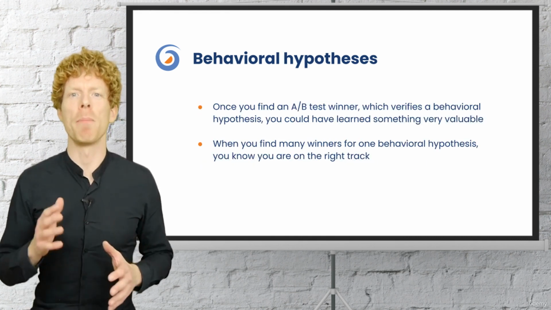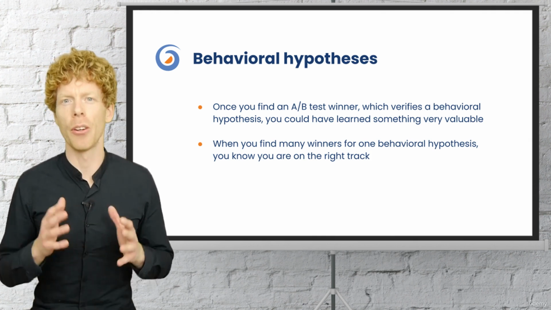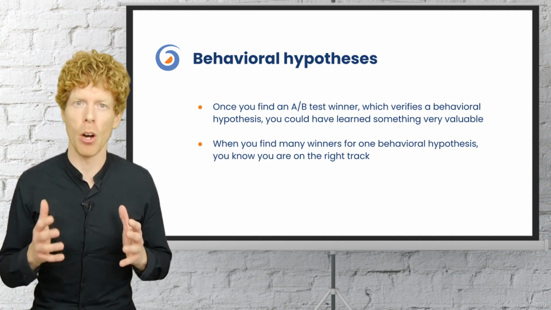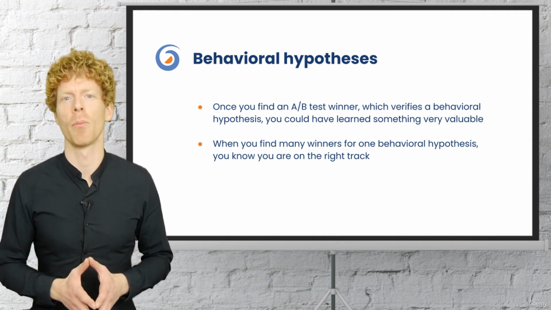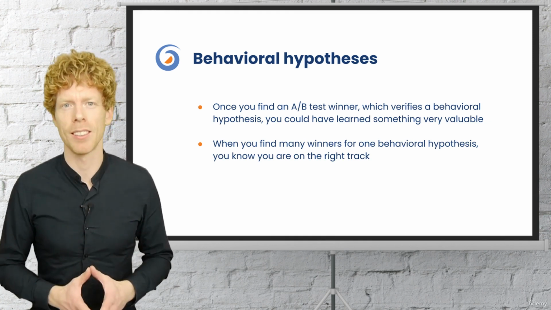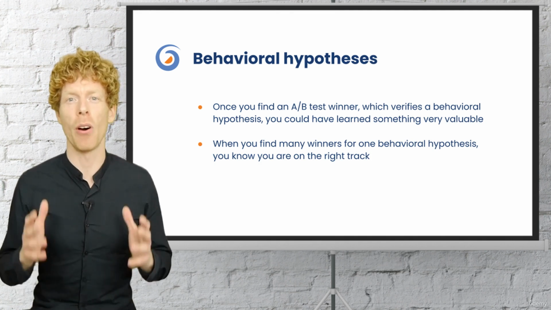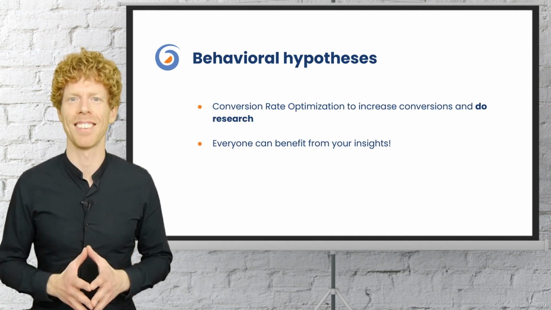Once you find yourself an A/B test winner, which verifies a behavioral hypothesis, you could have learned something very valuable about your customers. When you find many winners for one behavioral hypothesis, you know you're on the right track and that you gained valuable insights.